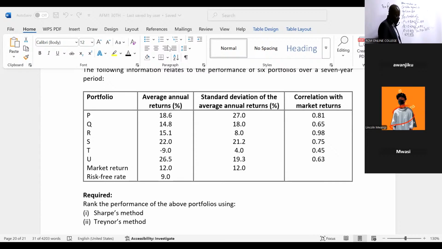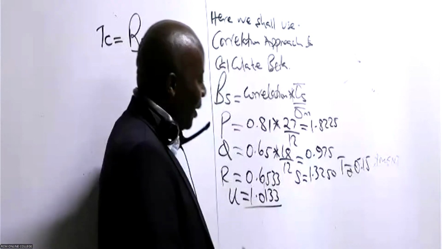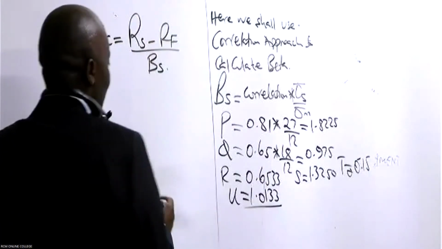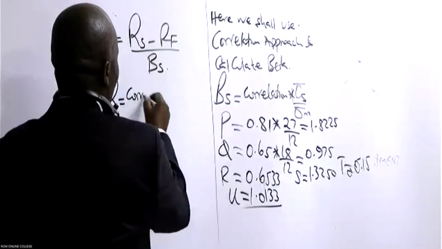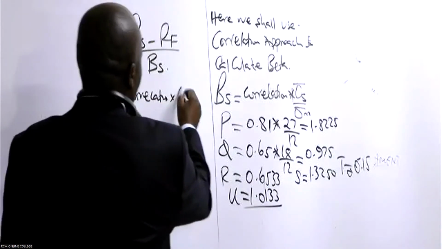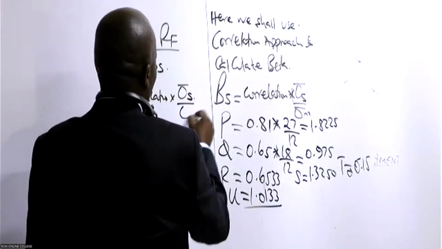Marceline got R of minus 0.585? Yeah, it's a 20 marks question, of course, with theory down there. So let's see how she got R of negative. Remember, it is correlation times standard deviation of S over standard deviation of the market.